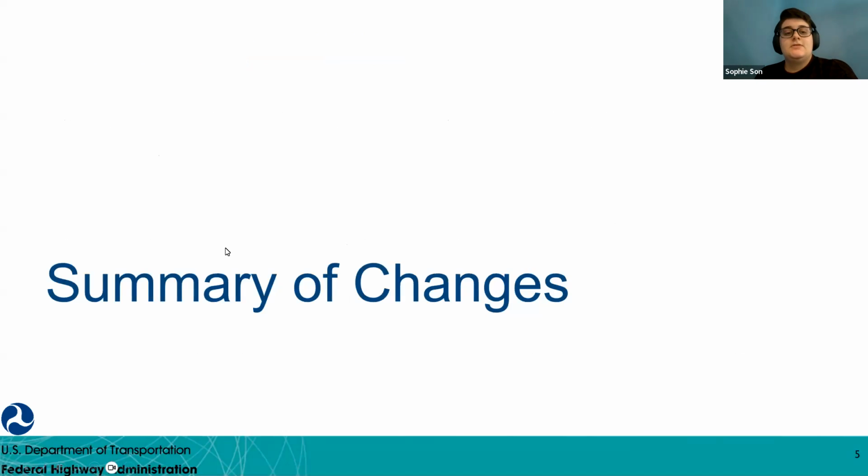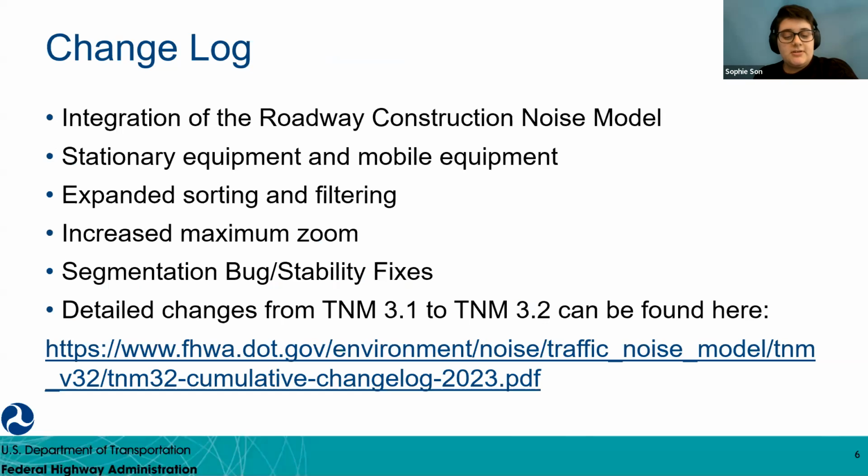Right, so a full change log for TNM 3.0 to 3.1 and 3.1 to 3.2 can be found on the FHWA website, but on a high level, the main changes are, of course, the integration of the roadway construction noise model version 2.0 from the NCHRP project into TNM, including both stationary and non-stationary equipment.